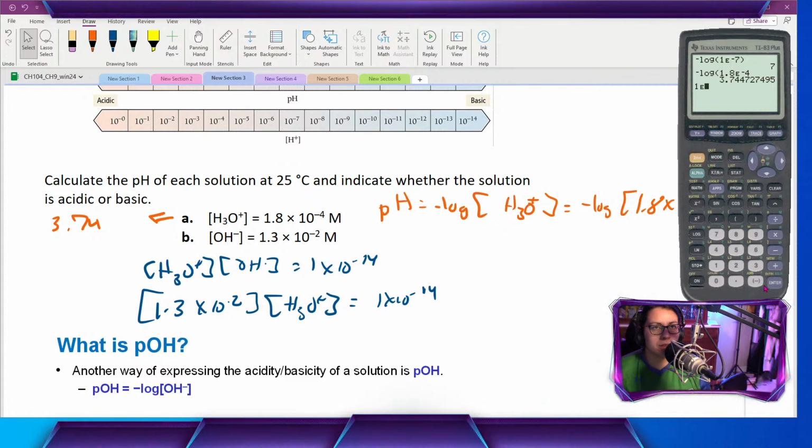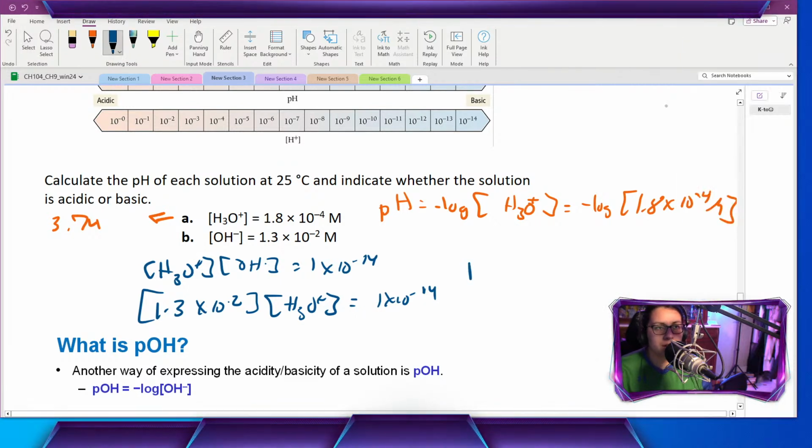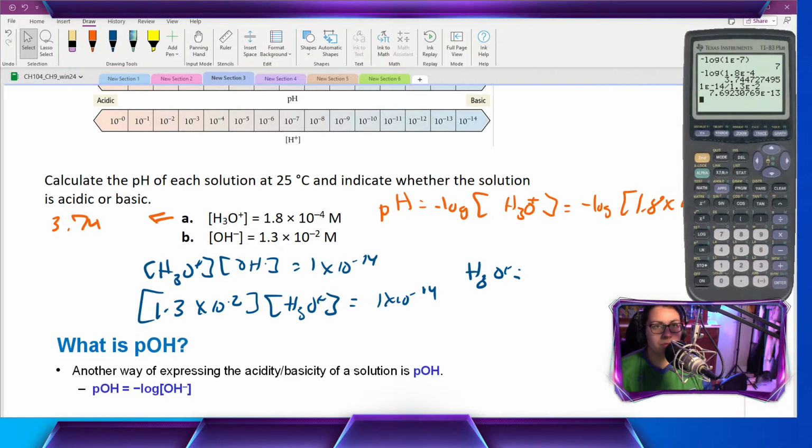So 1 times 10 to the negative 14th divided by my 1.3. Oops, lost the decimal. 1.3 times 10 to the negative 2. And so now I get this for my concentration of hydronium. I got 0.7 times 10 to the negative 13.